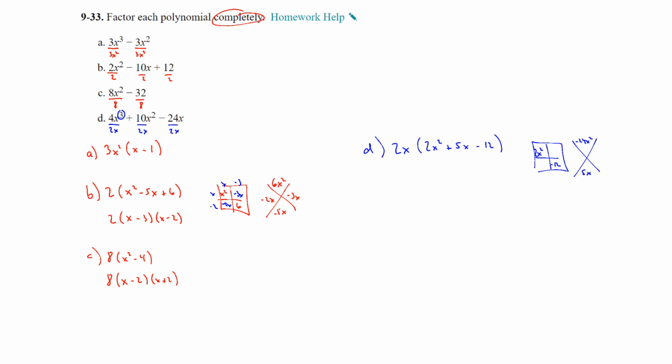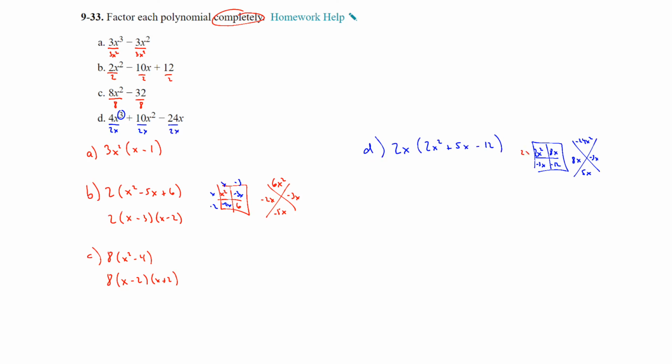So what numbers would that be? We need to multiply to give us negative 24, but add to give us 5x. So that looks like that would be 8x and negative 3x.